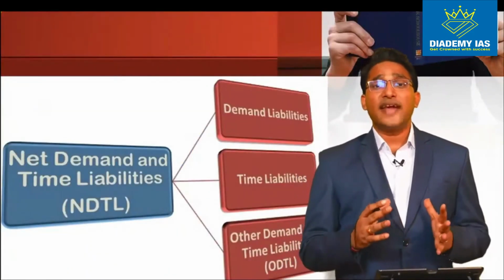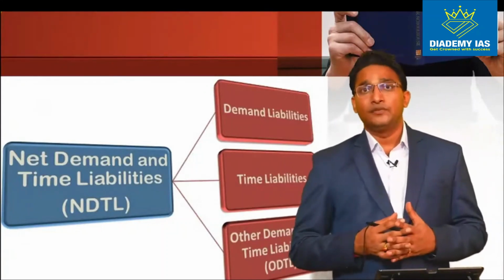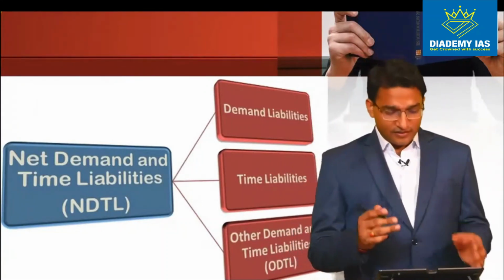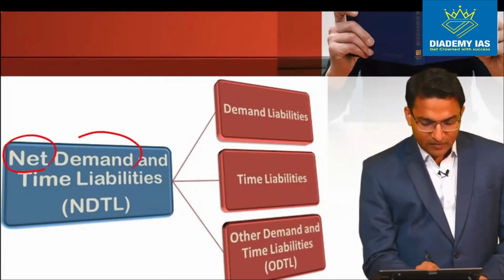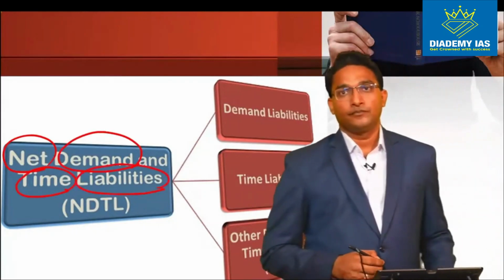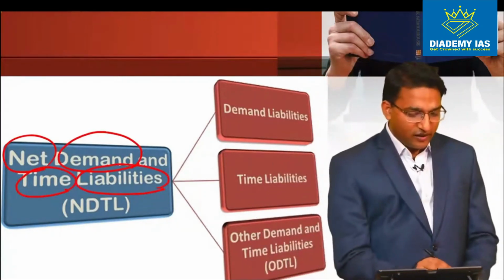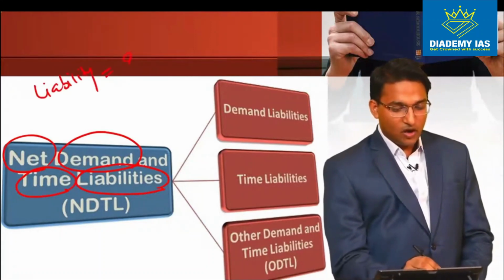Now let us see the net demand and time liabilities that I just discussed previously. Friends, here there are a few terms. One is net, another is demand, another is time, and then we have the liability. First of all, we need to understand the meaning of liability. Liability basically means the obligation, right?